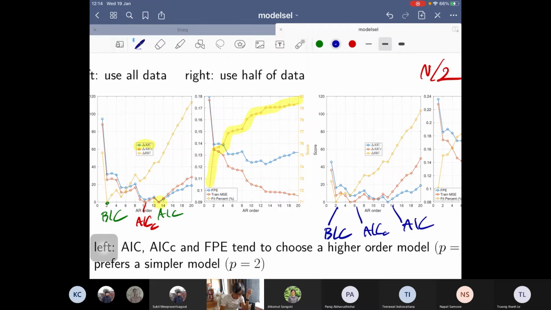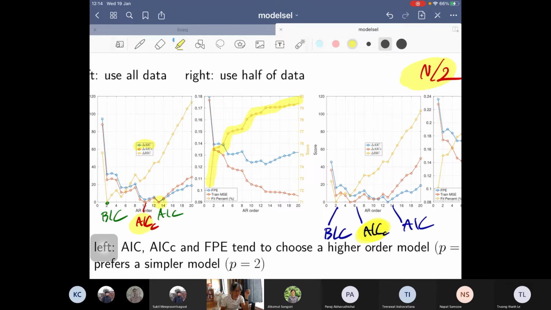The main distinction between these two cases is that I want you to observe the behavior of the corrected AIC, or AICc. In comparison between the two cases, when you use fewer samples, does AICc pick a lower or higher order?